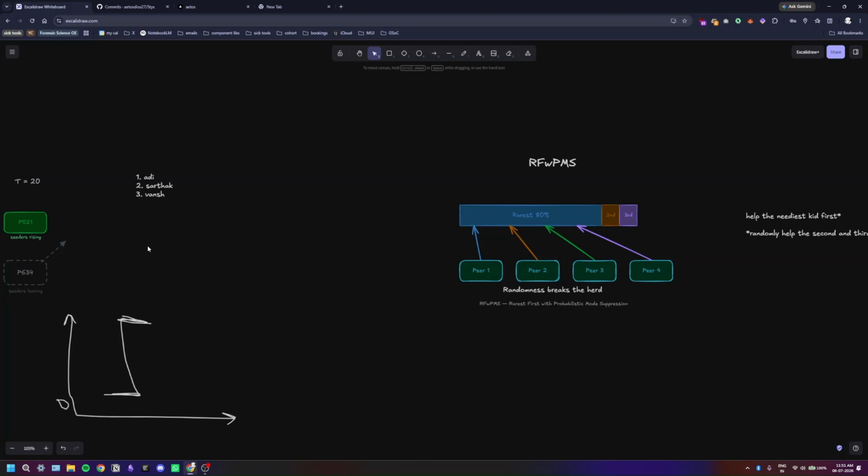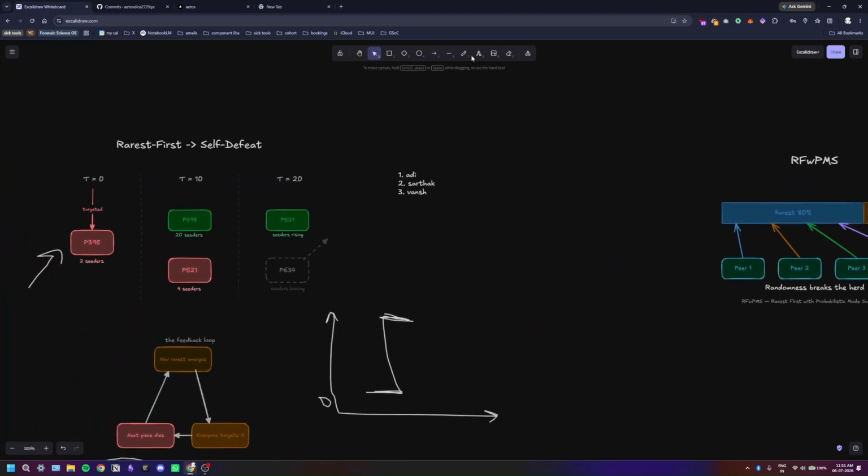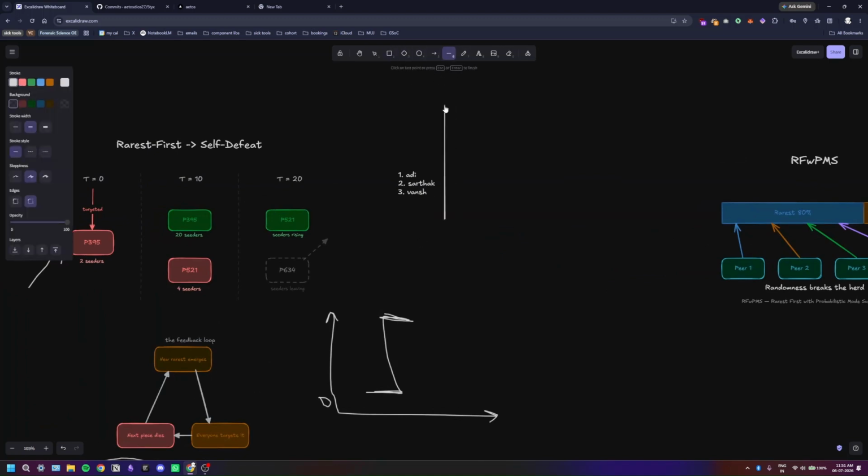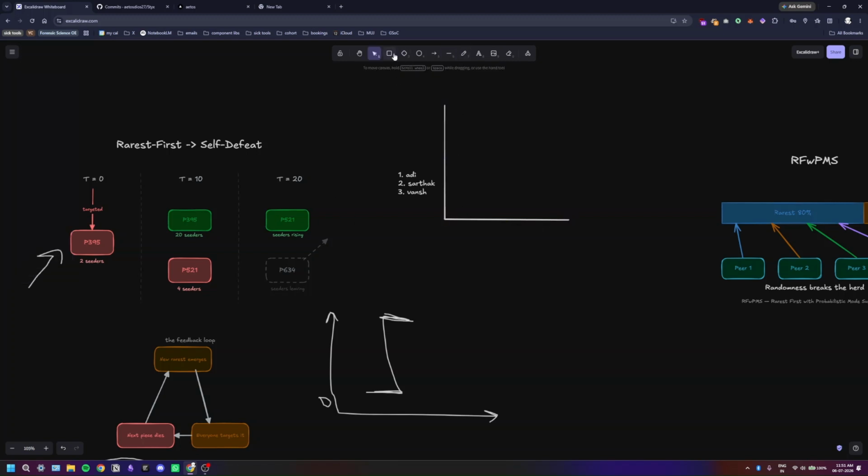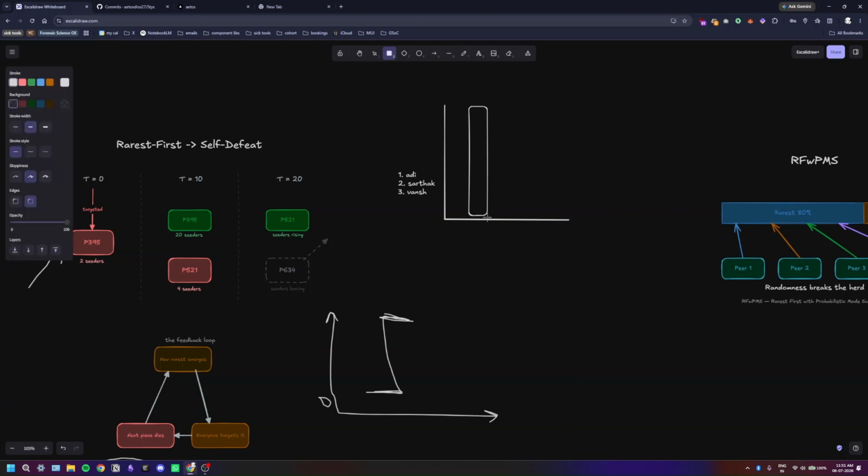So if this is a graph, earlier Adi had immense support all of a sudden and Sarthak had no support because everyone was helping Adi. Let's say this is Sarthak, Sarthak has no support.